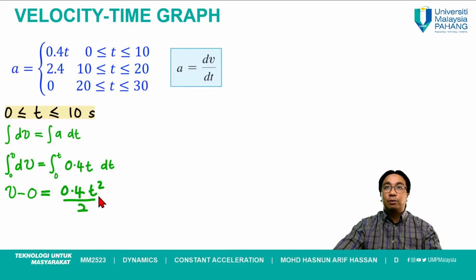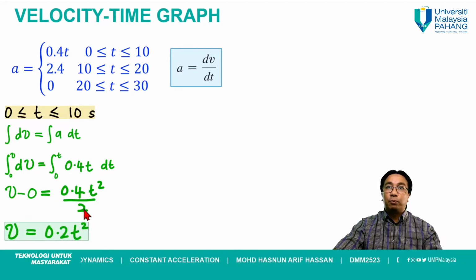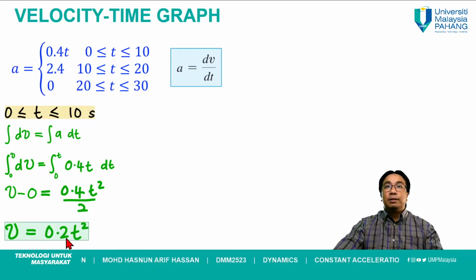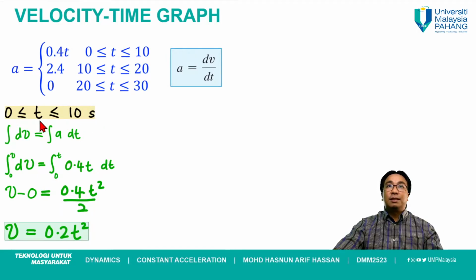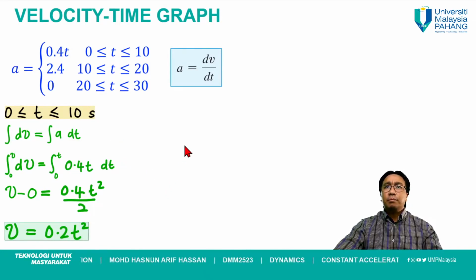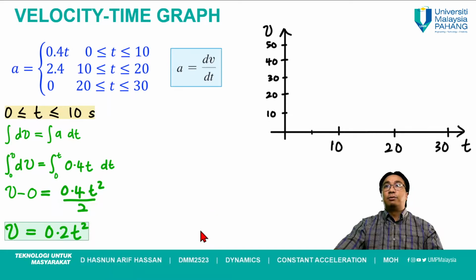Dia kekal dengan 0.4 t square, ataupun when you divided this two, 0.4 dan 2, you will get v equals to 0.2 t square. Ini equation untuk v pada fasa yang pertama, which is t from 0 until t equals to 10 seconds.